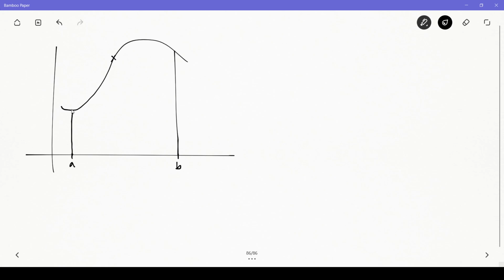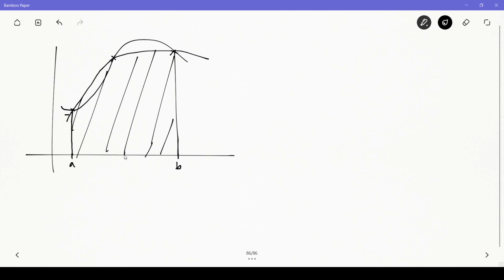We took these 3 points and drew a second order polynomial between them, which looks something like this. It will look like a quadratic function, obviously. Then we measured the area under this curve, and we said that area is an approximation of the area under the original function. Let's say this was our original function f of x, and this was our f sub 2 of x. Let's undo this whole thing, because we have already learned about the single segment version of the Simpson's 1 by 3 rule.